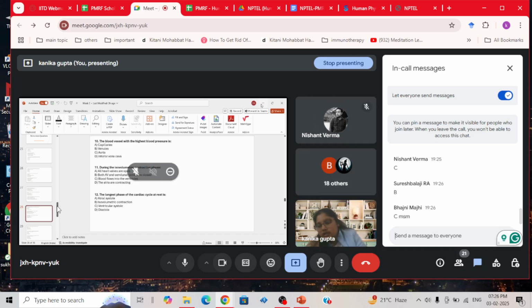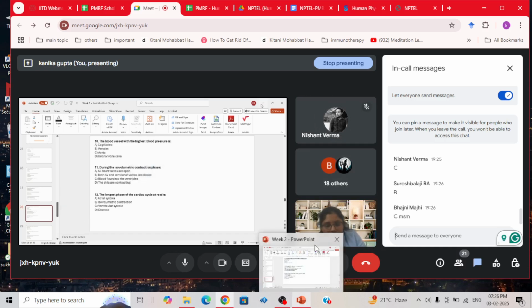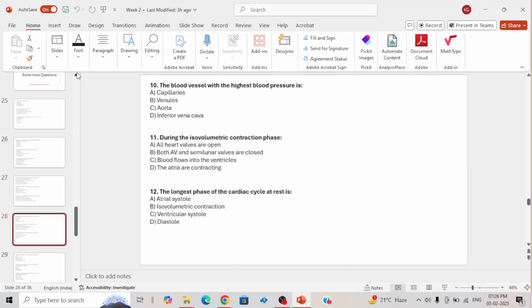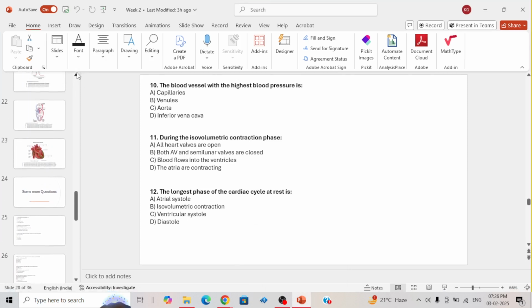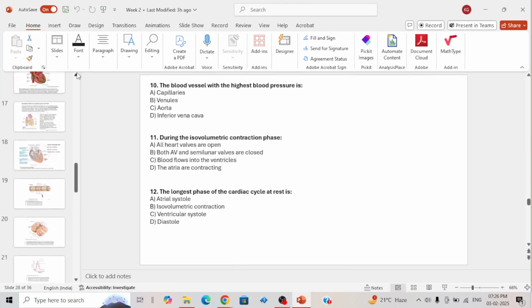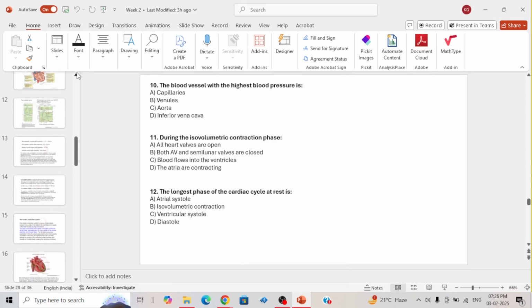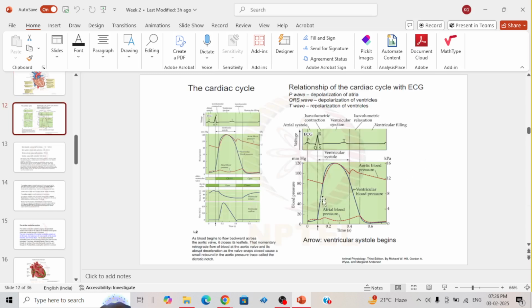Yes. Okay, let's move towards that then. So Nishan, the isovolumetric contraction is that phase in which the blood has filled inside the ventricles and the ventricles are now contracting.